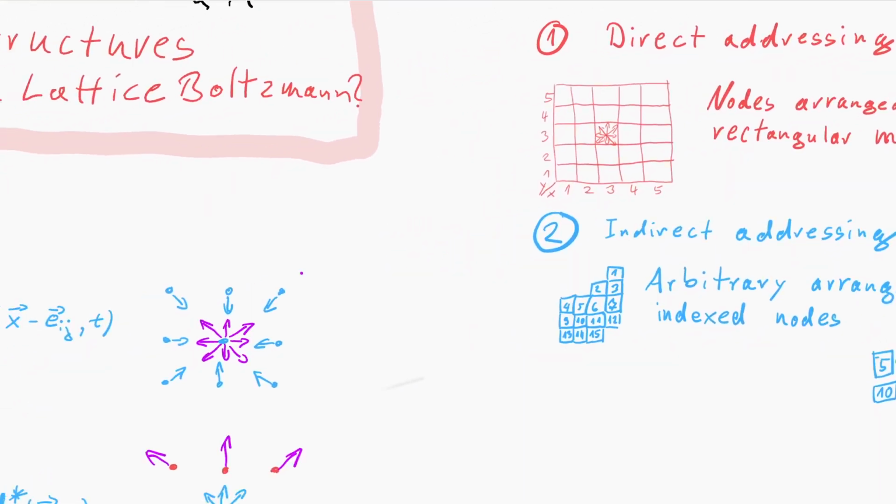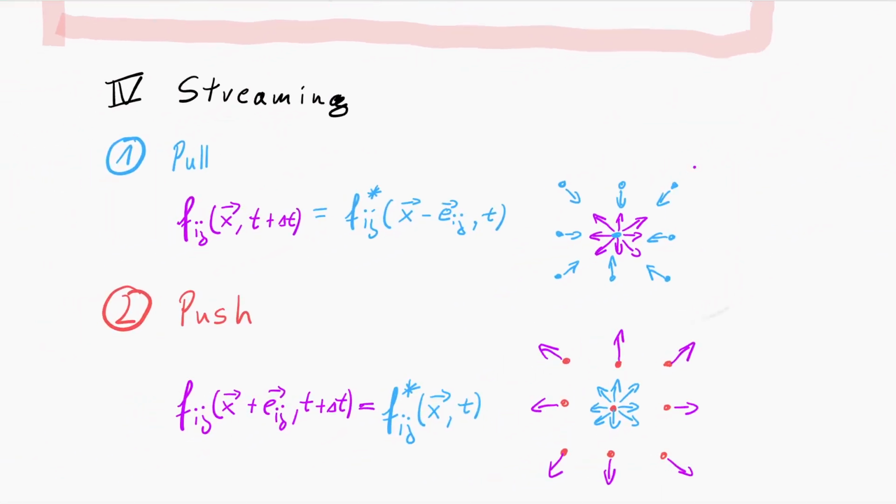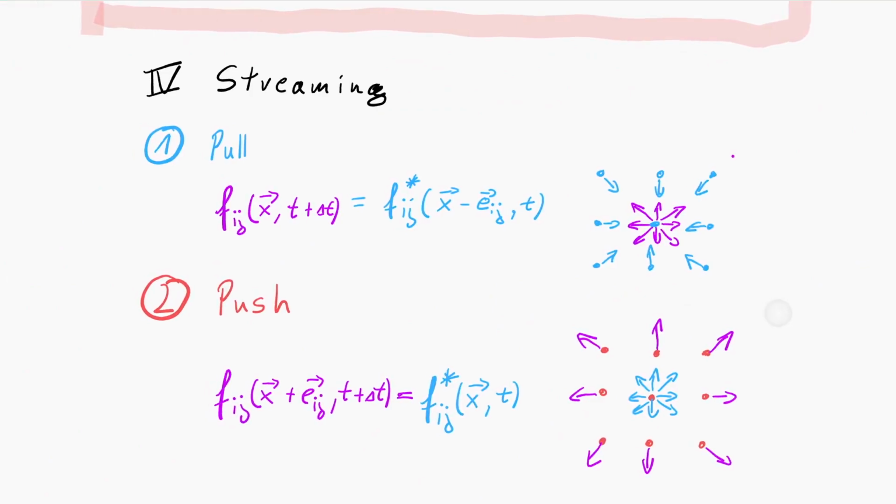So why do we need to know the neighboring nodes? This has, of course, to do with the streaming in the lattice Boltzmann method. So we need to move the distributions or the populations from node to node. And this can also be done in different ways. The first way to do this is the pull scheme.